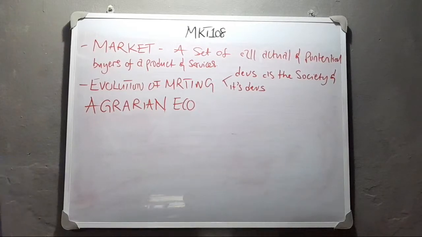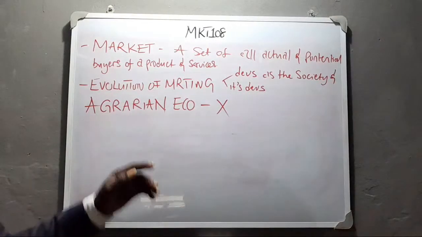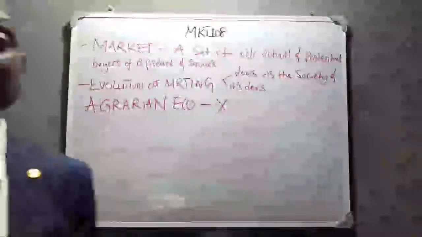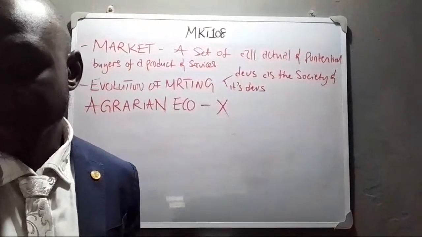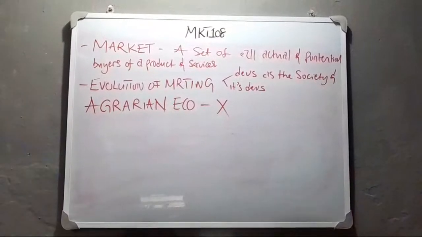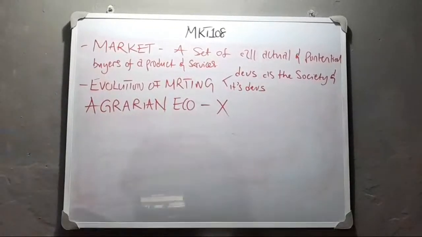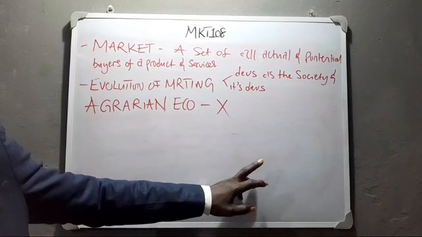Everybody grows their own food, produces their own clothes, builds their own houses. There's no need for marketing. Marketing is null here. It's an empty set. That's one thing we'll discuss in our MKT106. We have sets. Agrarian economy. Self-sufficient economy. Marketing is null here. It's an empty set.